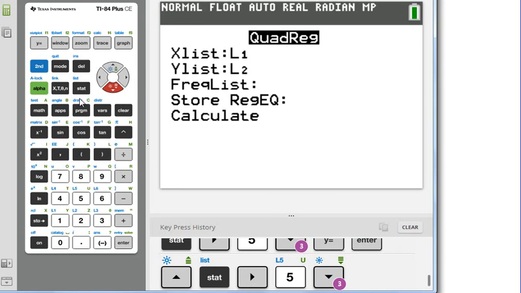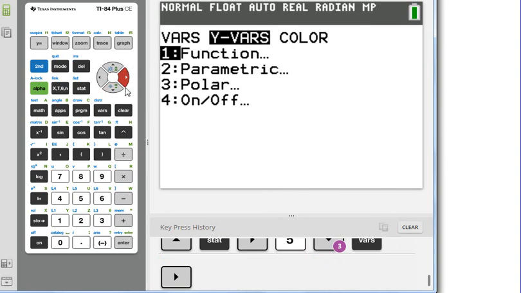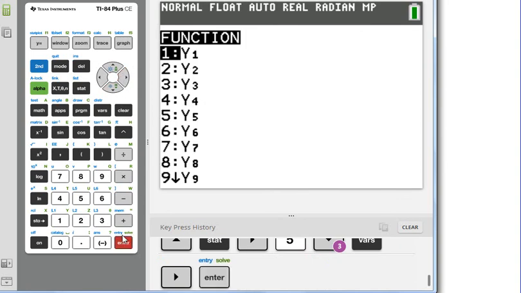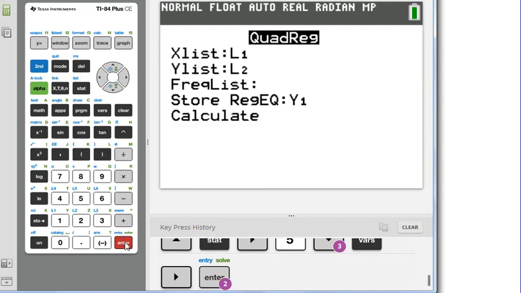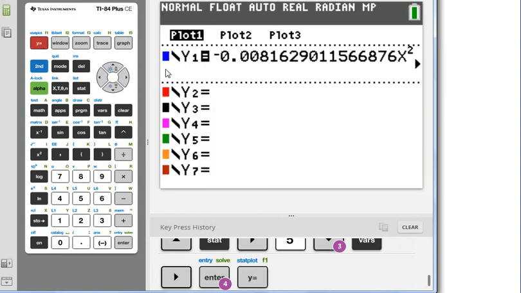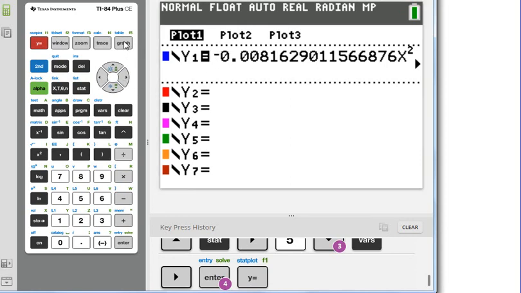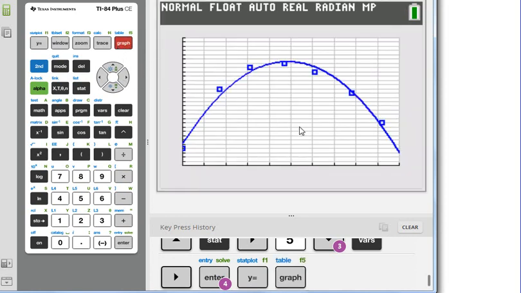Store y1. To do that, I think we go to vars, yvars, function. It says y1, press enter, and now we can go and calculate. And what this does is it pastes the equation directly into our function editor, and we can graph and see the match that we have, which overall is a pretty good match.